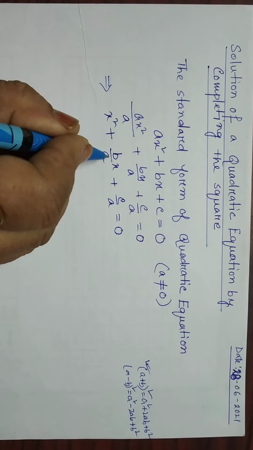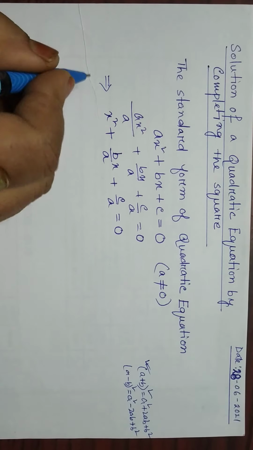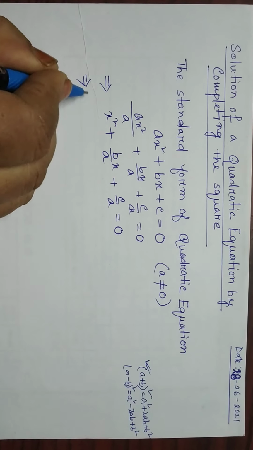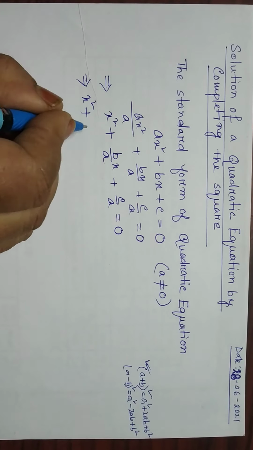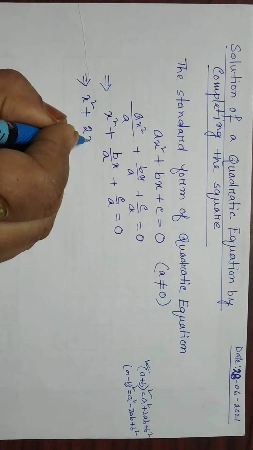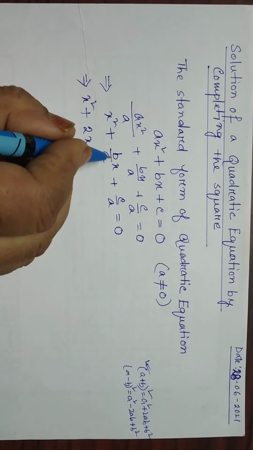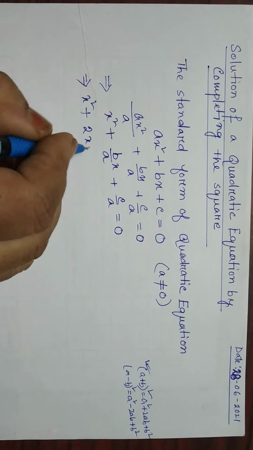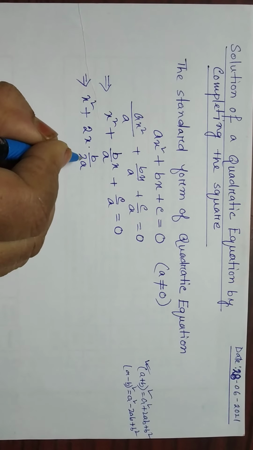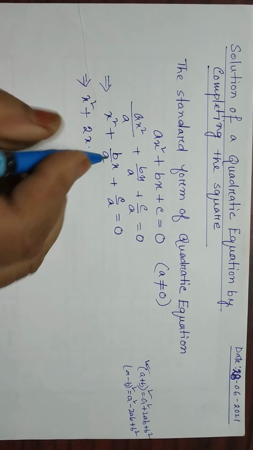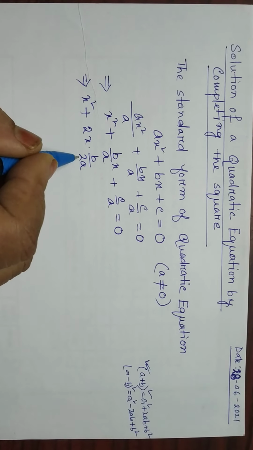From these two terms, we make these three terms this way: x square plus twice ab, where a means x and b means b by a. If we write b by twice a, then the 2 cancels and we get b by a x. We rearrange it like this.